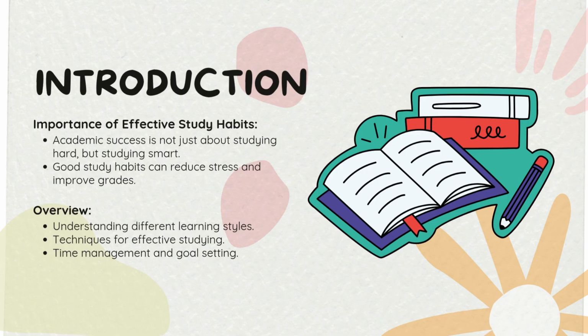Okay, so academic success is not just about studying hard, but studying smart as well. Good study habits can reduce stress and improve grades. So the overview of what we're going to talk about is understanding the different learning styles, techniques for effective studying, time management, and goal setting.